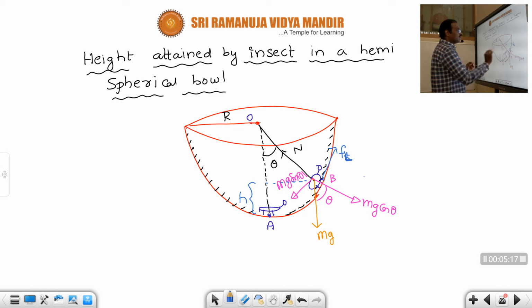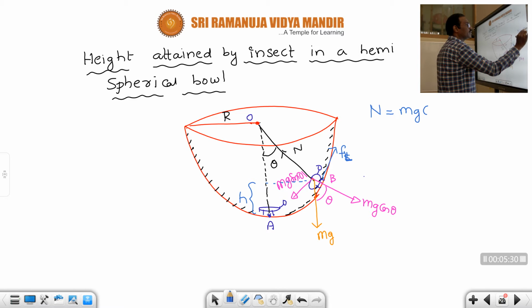Therefore, at equilibrium, what forces cancel?